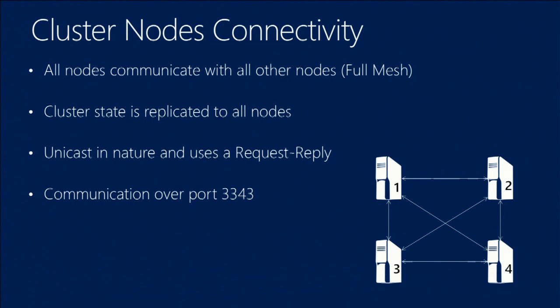So if you have 8 nodes in your cluster, all 8 nodes are talking to each other. The messaging underneath is basically unicast, and all the cluster communication happens on port 3343. I'll be going a lot deeper than that in the architecture section, but it's TCP and UDP protocols over port 3343. When you're creating the cluster for the first time, all nodes come up and they start to look up other nodes in the list, and then they form routes and create the cluster.